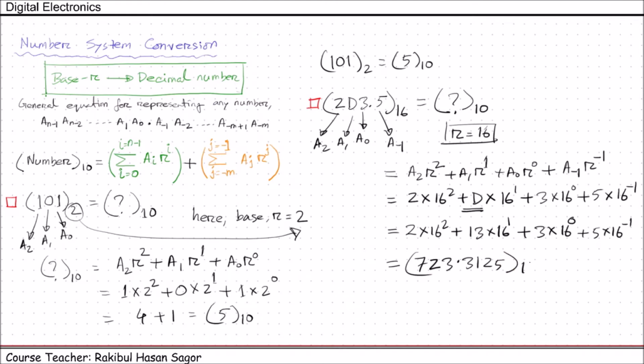This is in decimal. The decimal equivalent of this hexadecimal number 2D3.5 is 723.3125. This is the result.